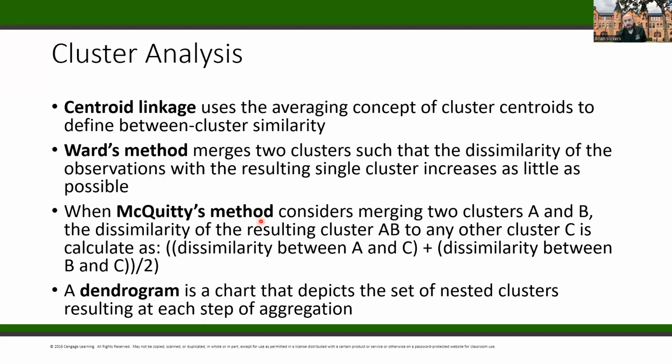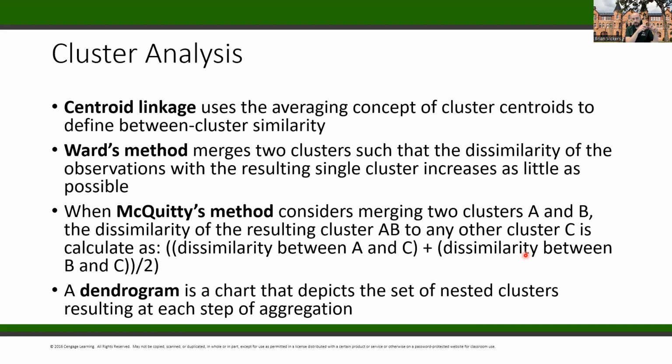McQuitty's method, you're going to need to know how to do this, but it's actually pretty simple. You're going to need to know the definition for one. But let's say I merge A and B together, all right? The dissimilarity between A and B and then anything in cluster C is going to be the average of the old distances.